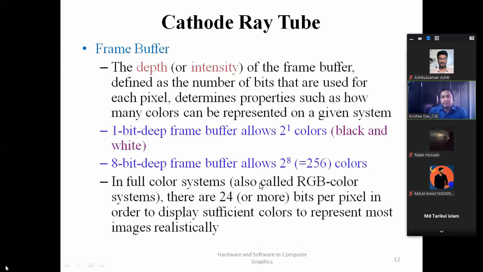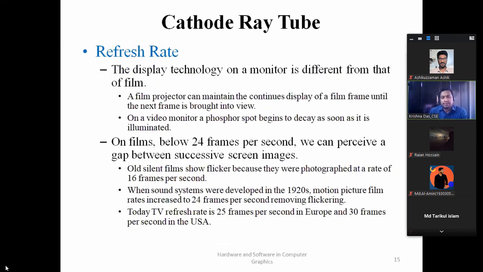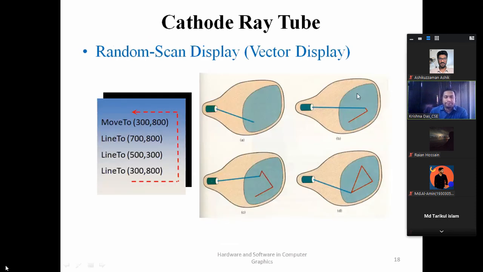Now, in vector graphics, for drawing the same image, say a triangle, how does the electron beam work? That's what we find in the vector display. You can see here the instruction set for drawing this image. That means in the frame buffer, this information for that image will be stored.